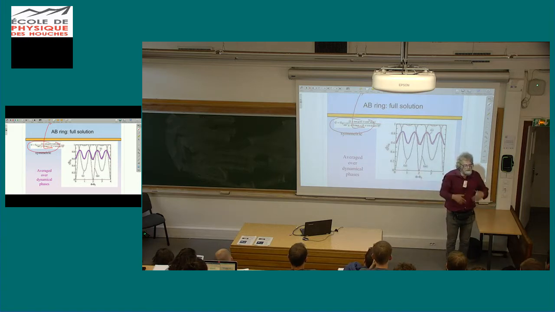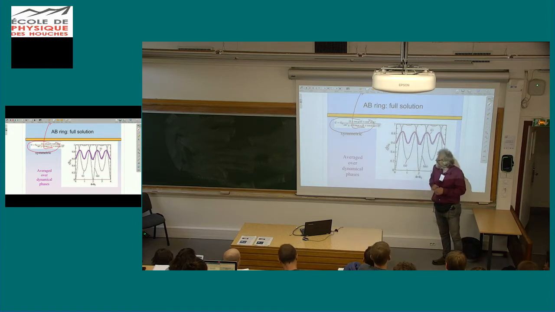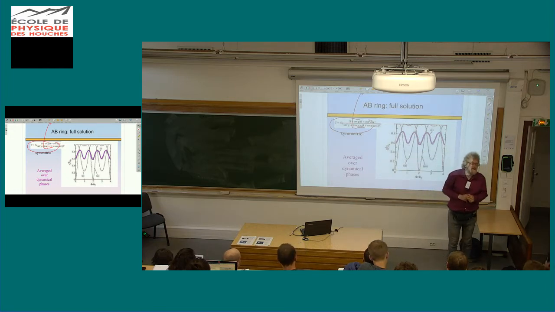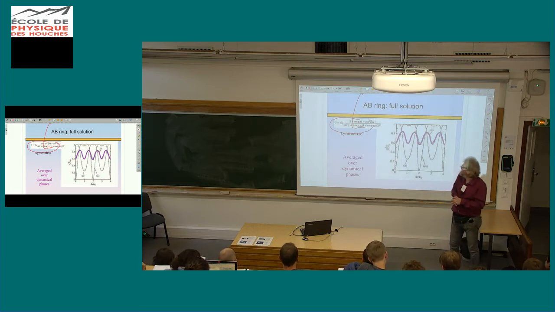If I now average all these trajectories over dynamical phases, I will have this violet curve, purple curve, sorry, which oscillates with a double period. So there is a result of interference.